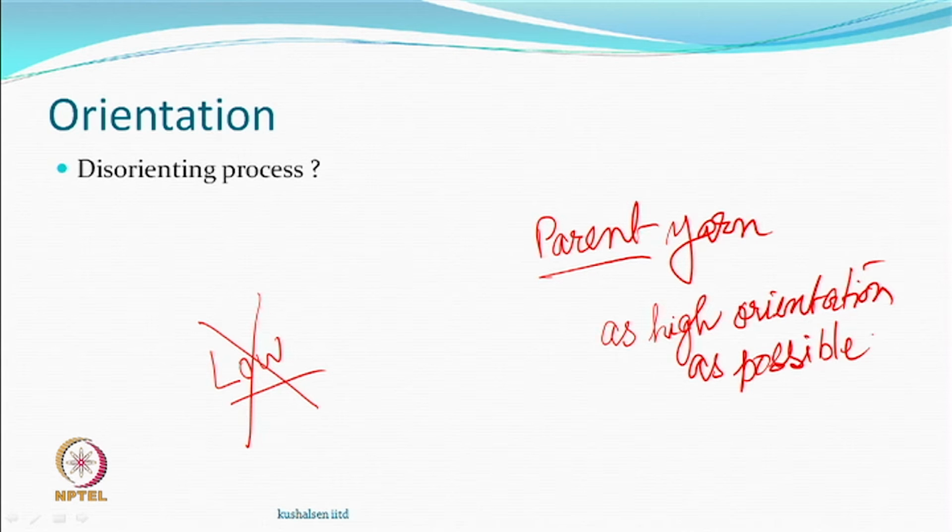So, it's a slightly different way to look at it, because you will still want, although we said tenacity at break of a textured yarn may not be very important, but why do you want to reduce it further if it is possible for you to have better, because it is not going to give you too much of advantage, it is only a disorientation process.